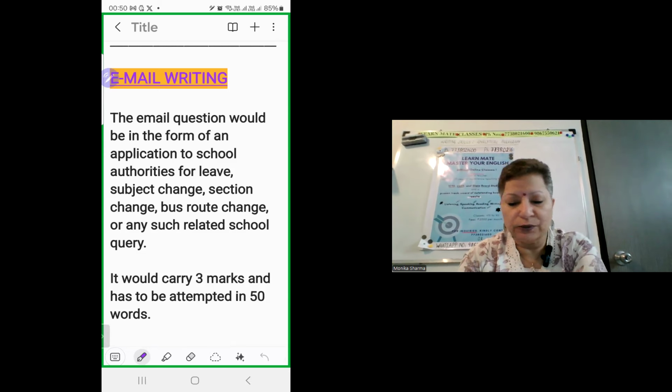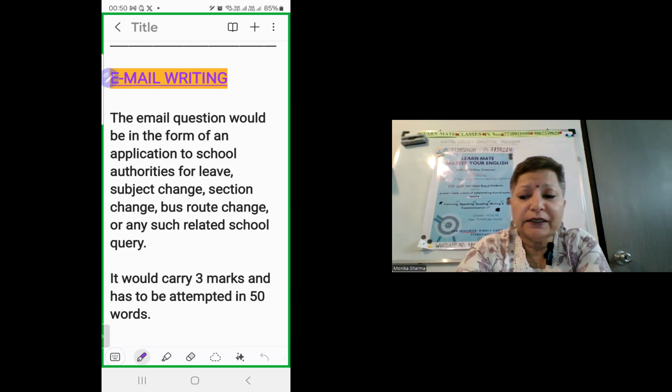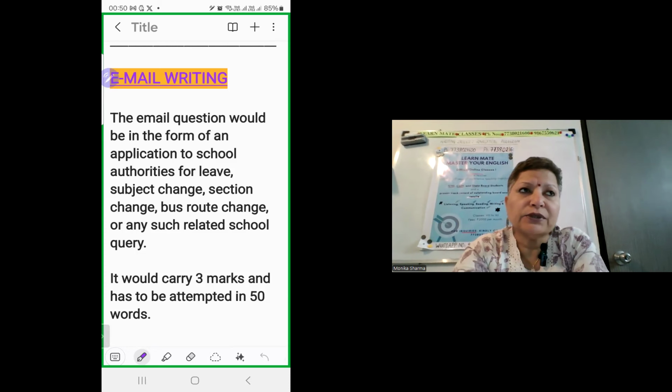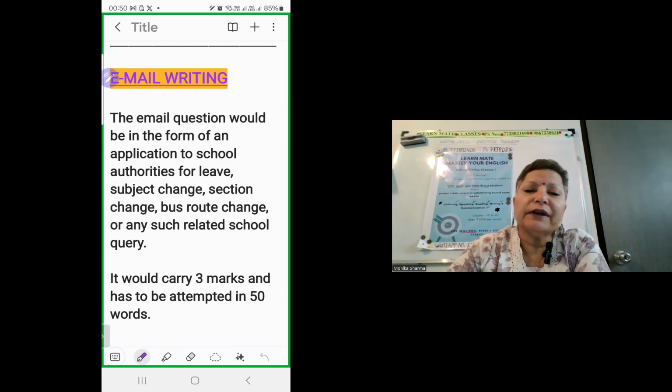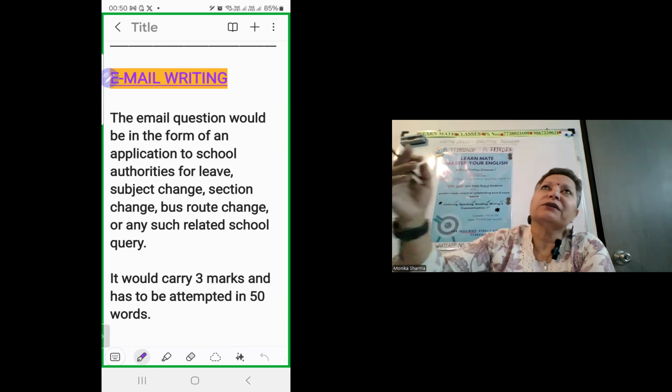Now, 50 words is a misnomer, because it's very difficult to complete any composition in 50 words, but try and make it as crisp as possible and as close to 50 words as is possible, because the kind of topics that you're going to be given are very short topics. They would not really require you to be writing pages and pages.